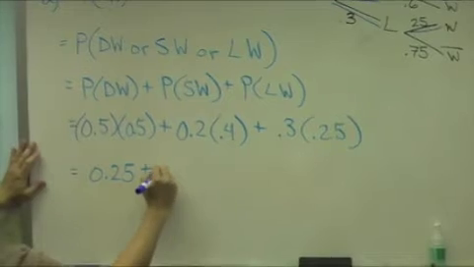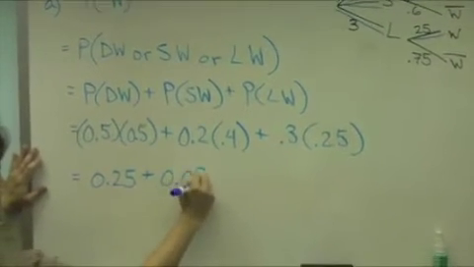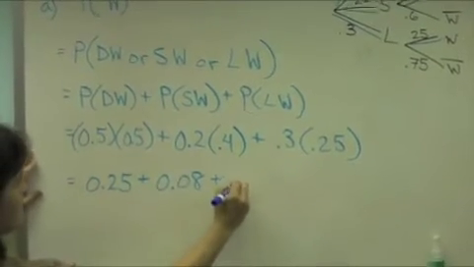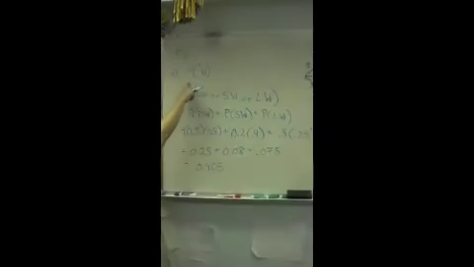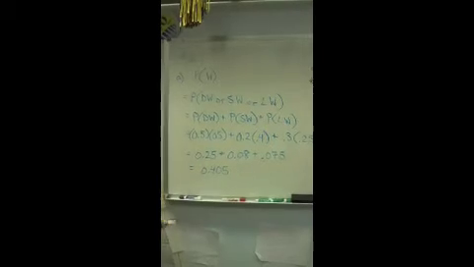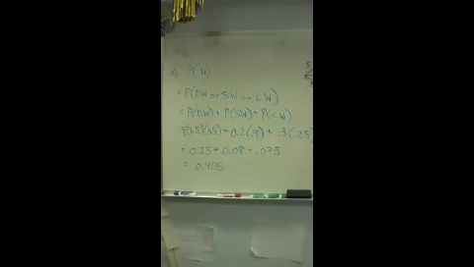Adding up these probabilities, the chance that a car is white is 40.5%.